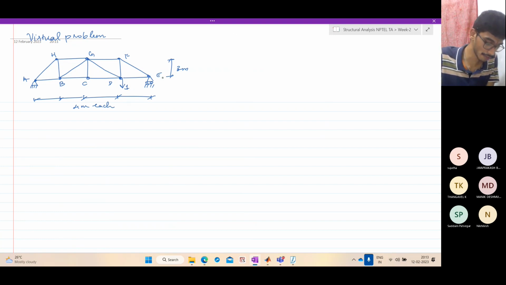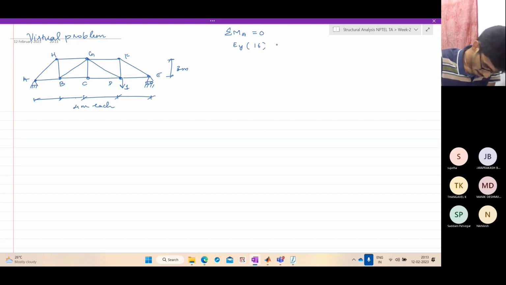First, this is not a symmetric structure, so we should be careful. So let us take moments about A. What does it give? We get EY into 16 minus 1 into 12 equal to 0. So EY is 3 by 4.